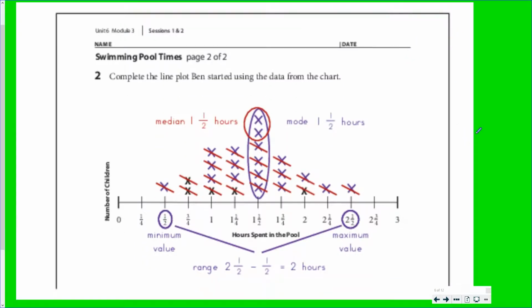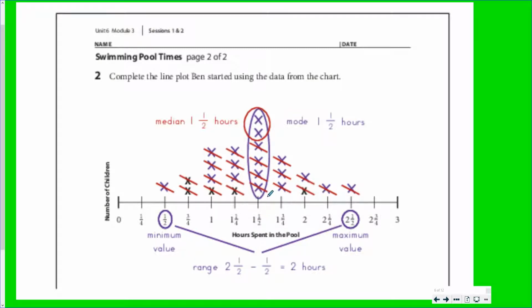All right, just as a little bit of reminder and practice, we have the cross-off method going here. You see, as they look for the median, they crossed off starting left to right, left to right, back and forth until all that was left were these two right here. So that's how they come up with a median of 1 1/2.